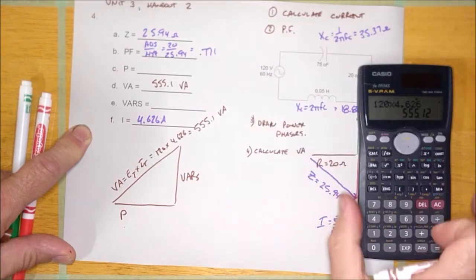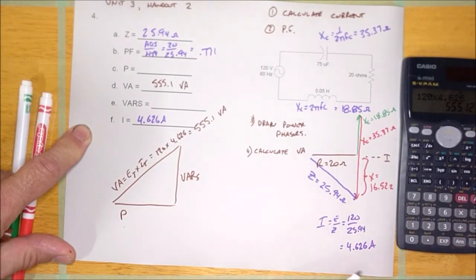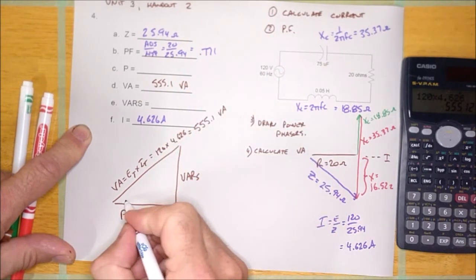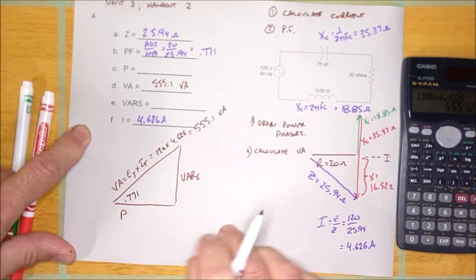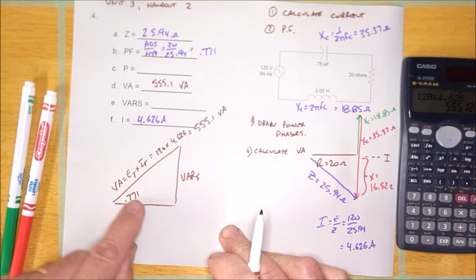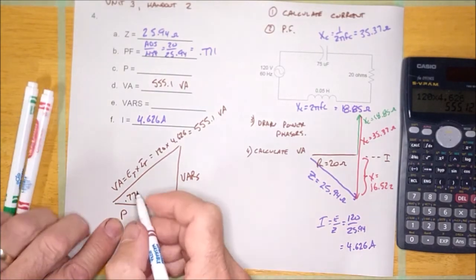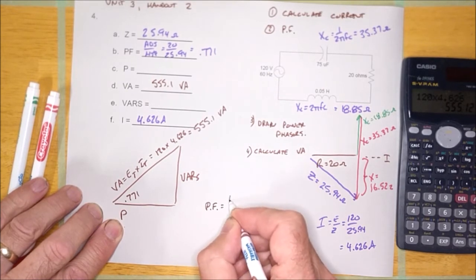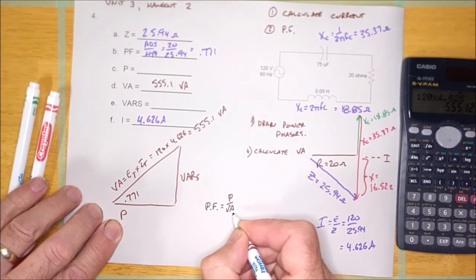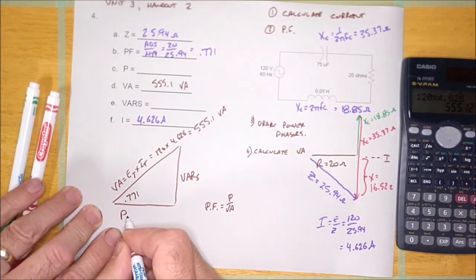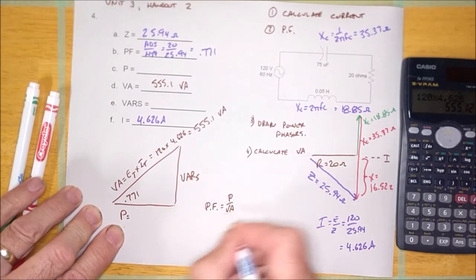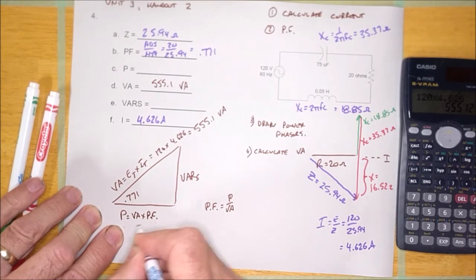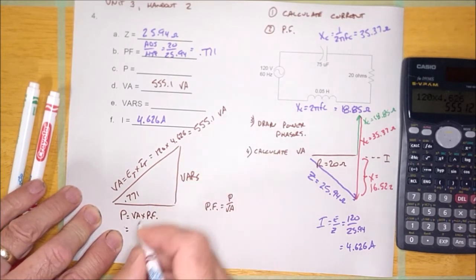Well, look, I calculated the power factor. Where is it? 0.771. That sits right here. That represents this triangle right here. Now, since the power factor is equal to P over VA, it is fair to say that the power, if I transpose that, is VA times the power factor. All right, guys? And we just calculated the VA.